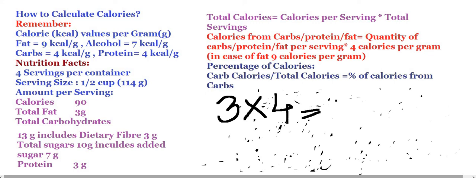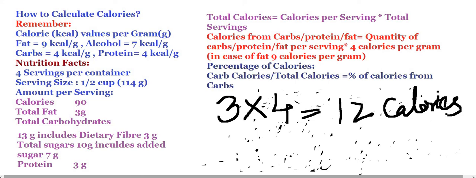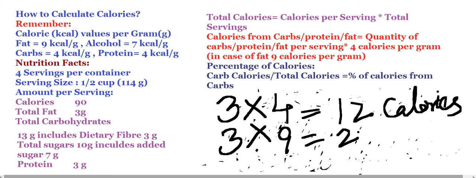It comes to 12 calories from protein. And in case of fat, fat is 3 gram, but here we have to multiply by 9 because there are 9 calories per gram. So it will be 27 calories.